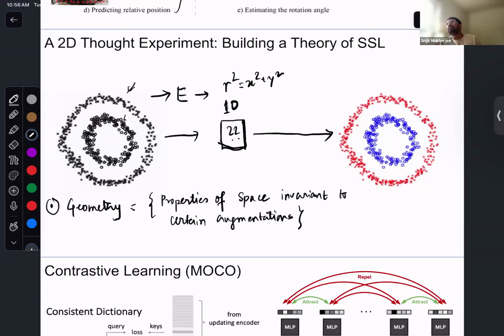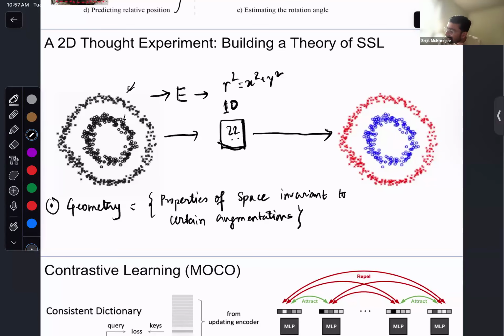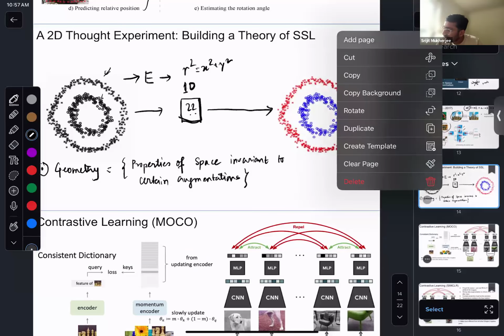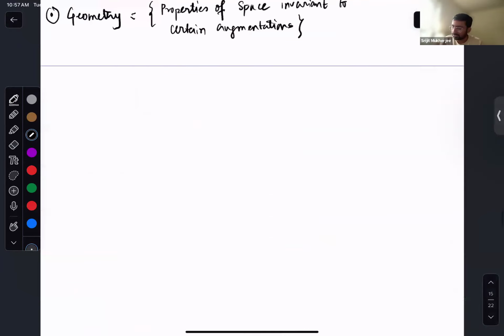In fact, not the distance, but the angle doesn't change. Similarly, here, can we think of a similar spatial version of it for images? Can we think in an image format? What can that be? And we will exactly try to recreate that in this specific case.